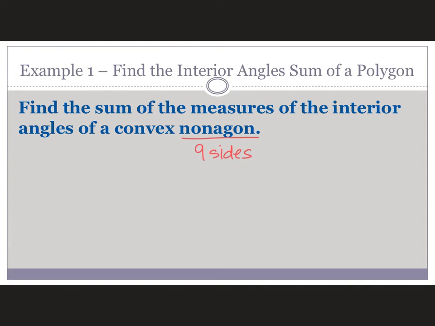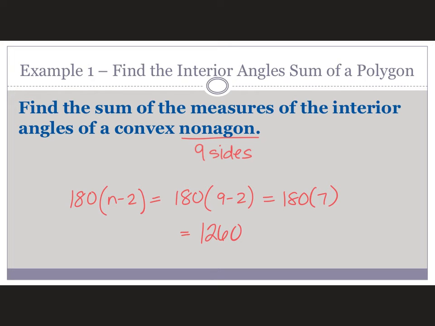So we're going to do 180 times n minus 2, which would be 180 times 9 minus 2, which is 180 times 7. And 180 times 7, I'm doing it now on my calculator, is 1,260. So the sum, which we'll just call S, is 1,260.